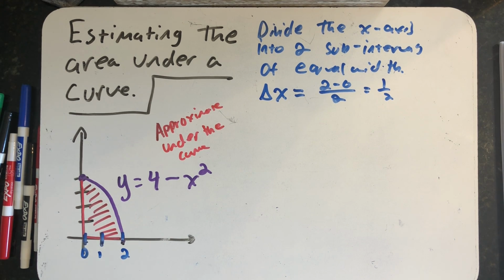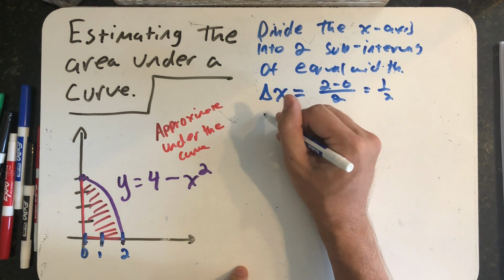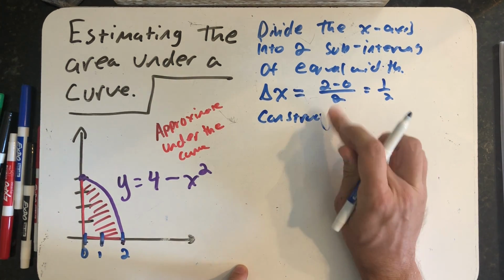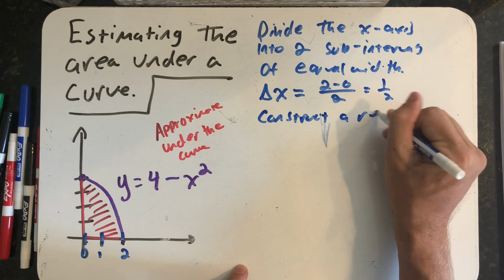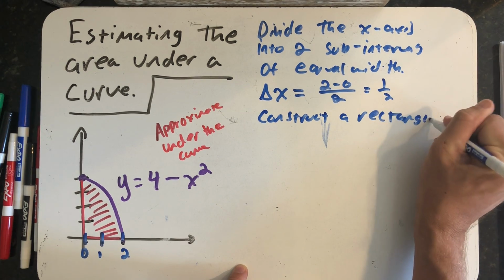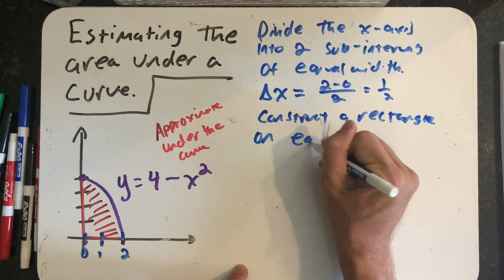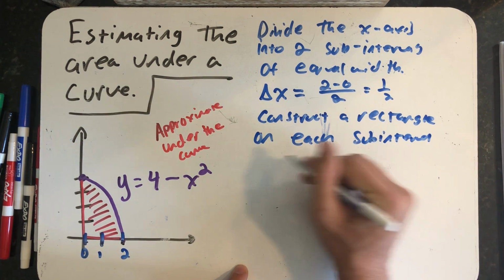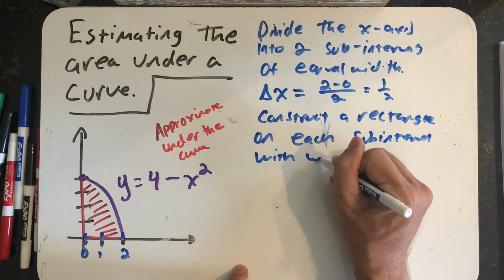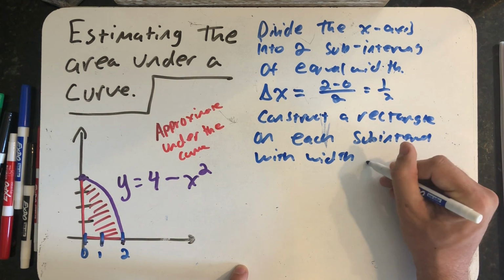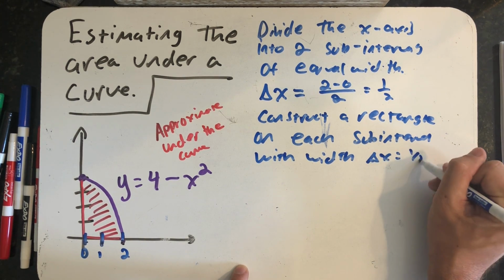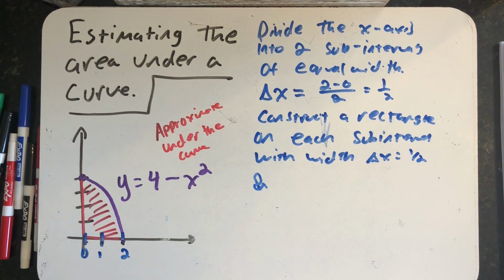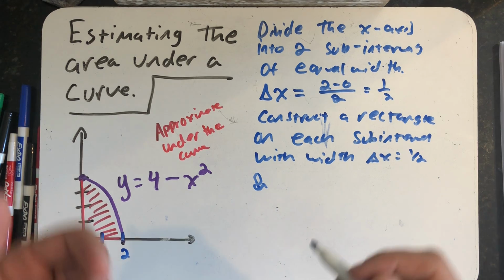Now, on each subinterval, I'm going to construct a rectangle. And those rectangles are going to have a width of delta x, that 1, and a height that is given by taking the maximum value of the function on that interval.